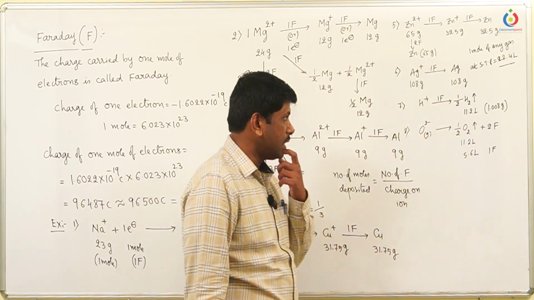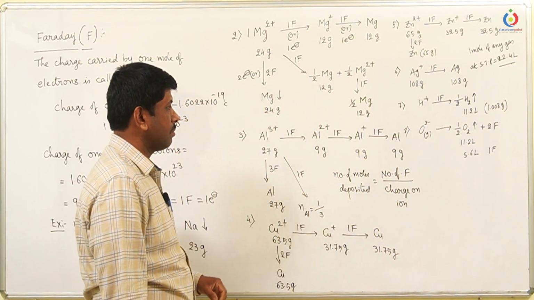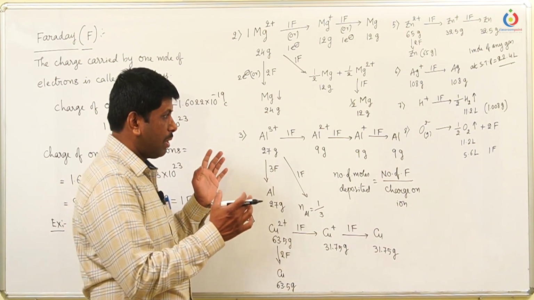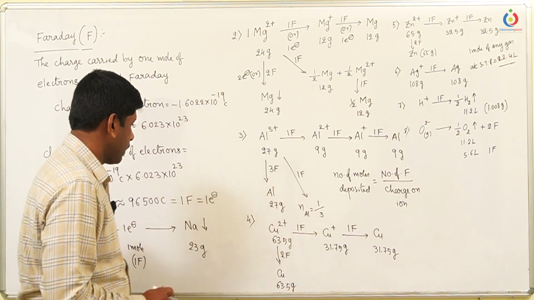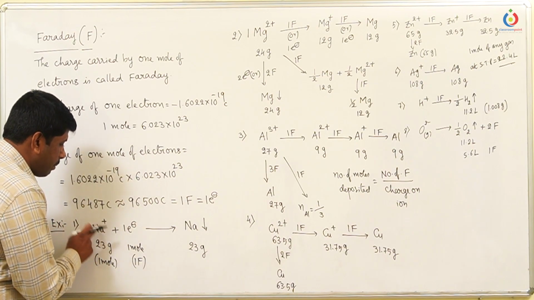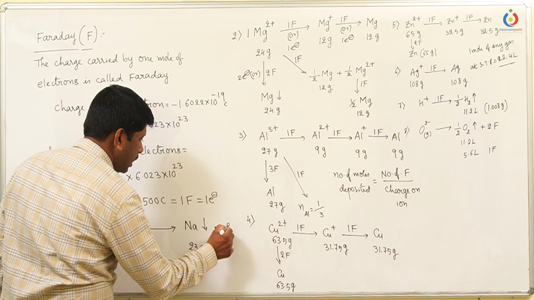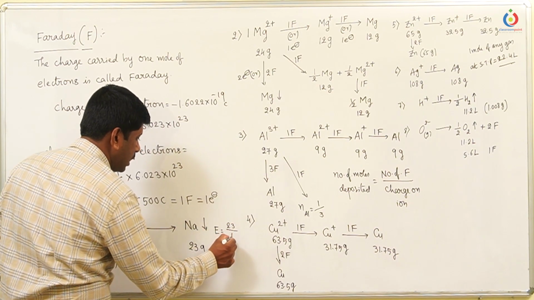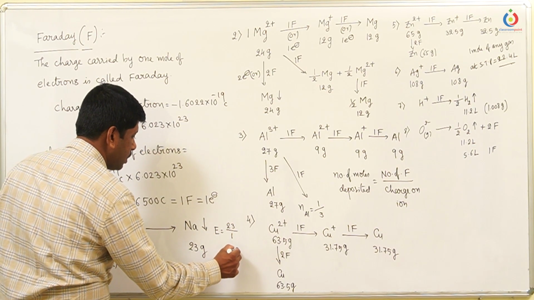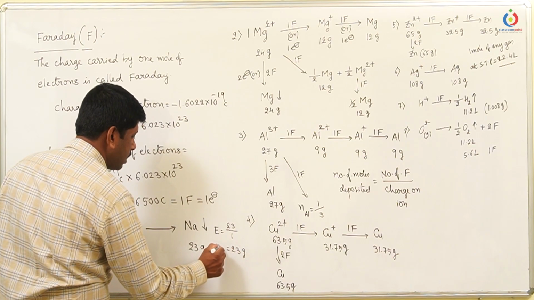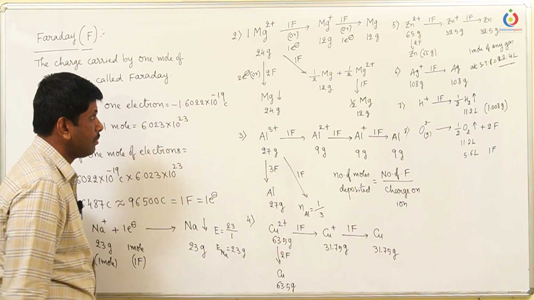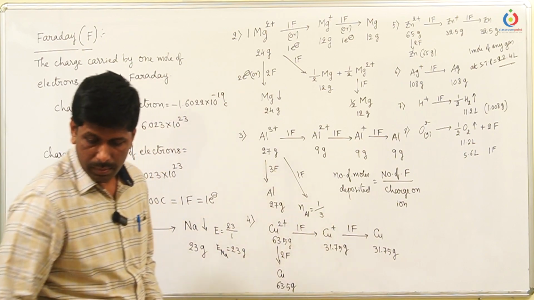Now one interesting thing is that in all these calculations, let us connect the equivalent mass with the number of Faradays. How do we calculate the equivalent mass of sodium? Equivalent mass of sodium equals atomic mass divided by charge, which is 23 grams.